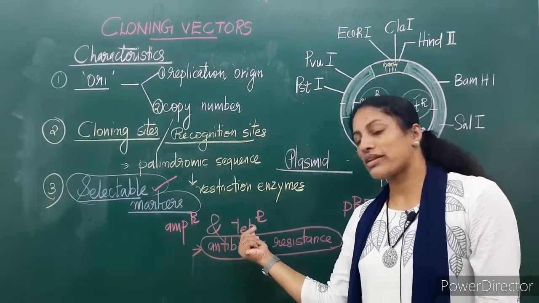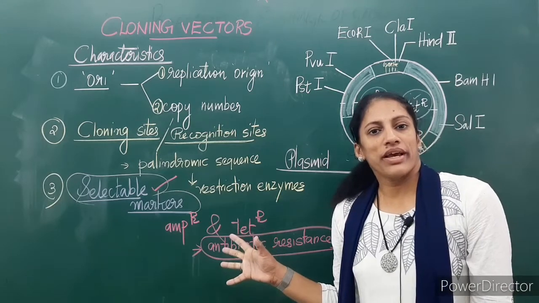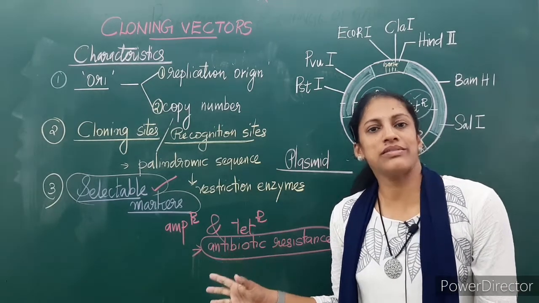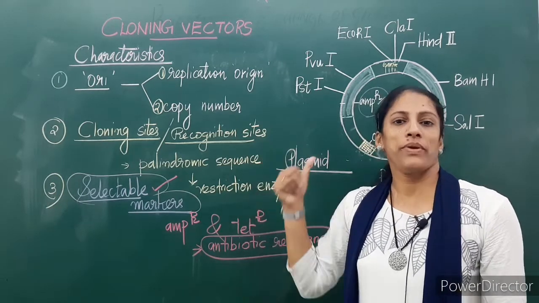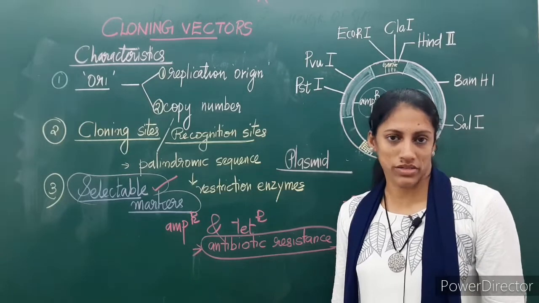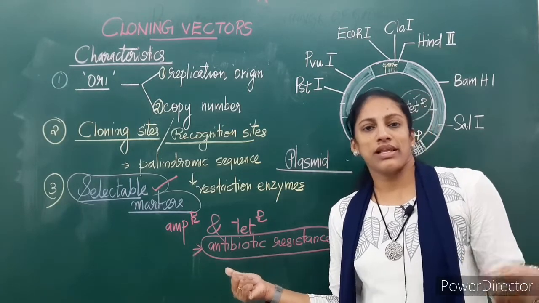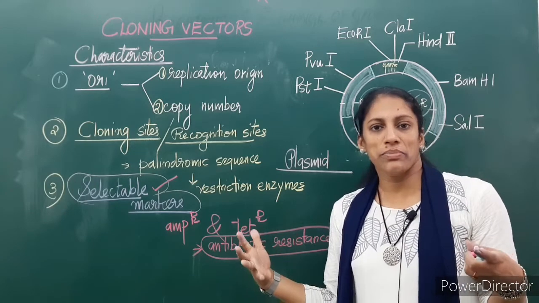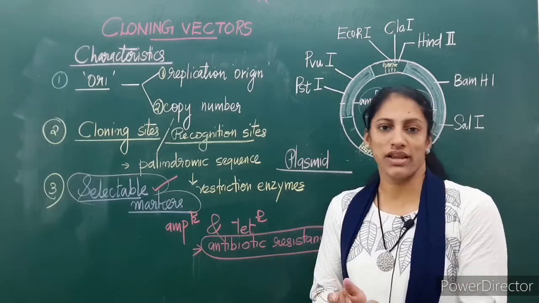And ampicillin and tetracycline are what? Antibiotics. In general, we can say antibiotic resistance is taken as the selectable marker in pBR322. In other examples, there are other selectable markers. Here, this is used as a selectable marker. What a selectable marker is, is another important point to discuss. All those serious matters we will discuss in our next class.